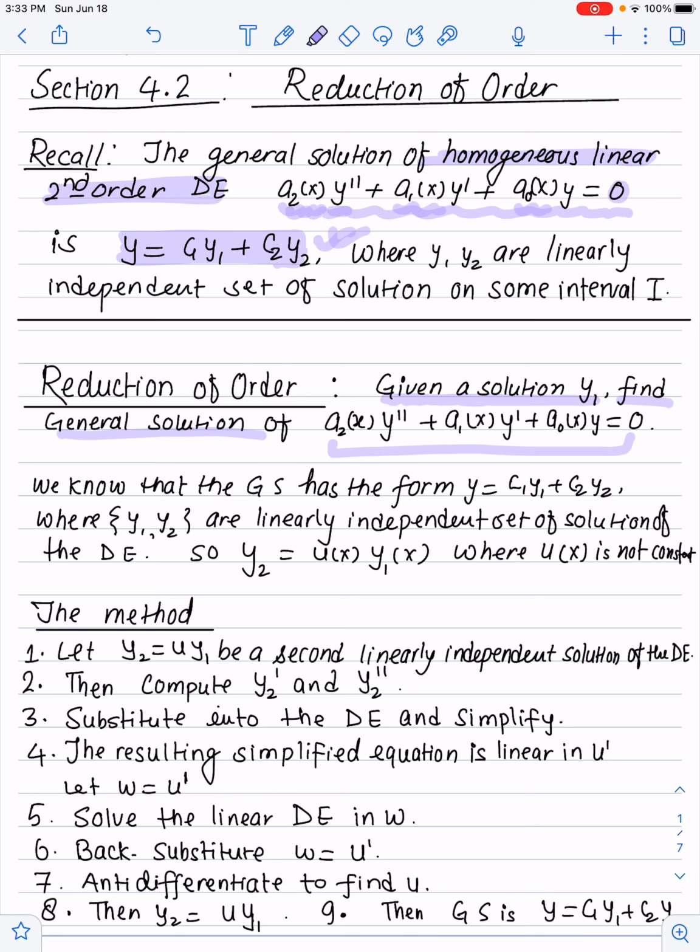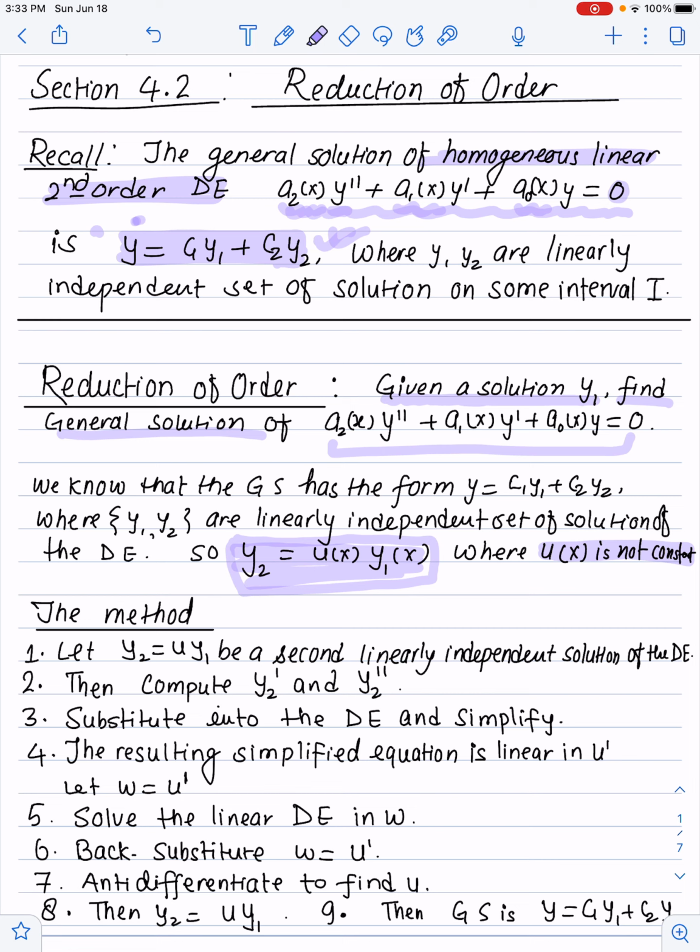So here is the method. We use the given solution y1 to find another solution y2, so that we can get the general solution. We assume that y2 equals u of x times y1 of x, where u of x is not a constant, it is a function of x.